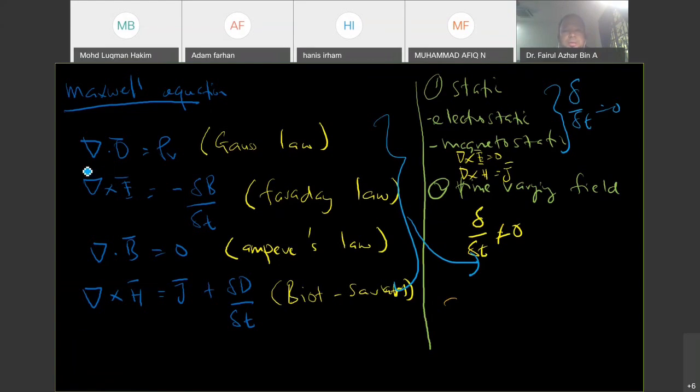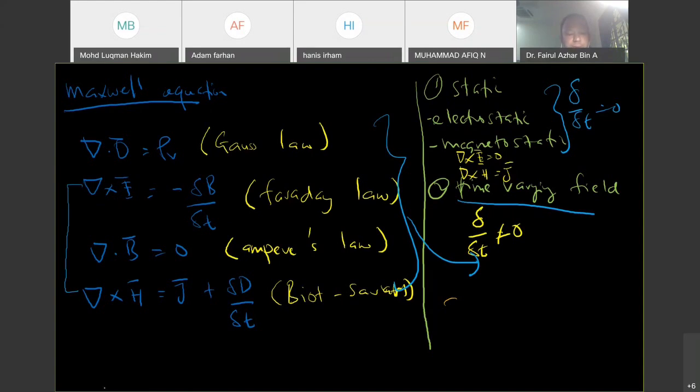So we will still use the first and the third equations, as I stated in the Maxwell equations, but for this time varying field parameter, we will use the full expression for the second and the fourth equations. So in this particular case, we don't separate anymore the electric field component.